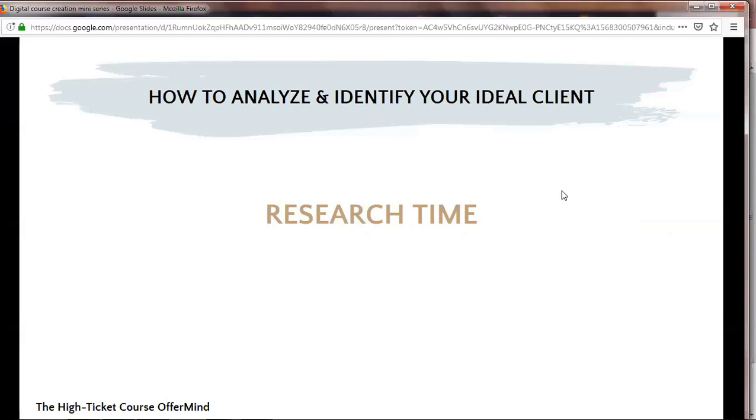And during the analysis, when we are carrying out research in order to analyze and identify our ideal clients, this is where you are able to do things like the so-called ASK method, and that can be in the form of a survey or question. You too, being part of the group, ask the kind of questions that help you identify the kind of problems your ideal clients are having.